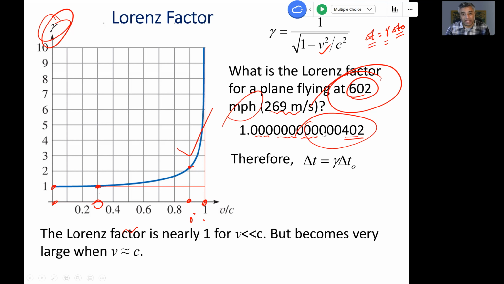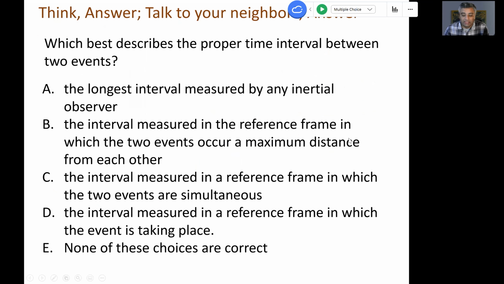So still, practically, that is not much difference for our daily life, okay? So time becomes practically the same. So that's why we don't observe this difference in time in our daily life, okay?